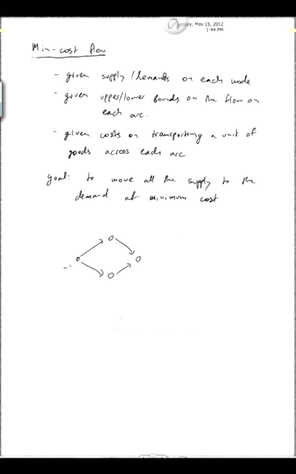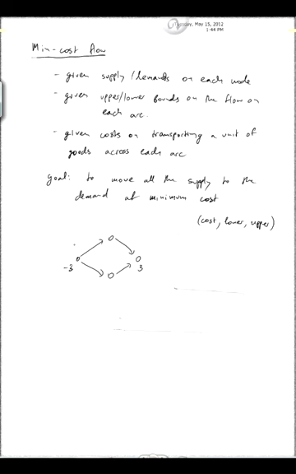So let's suppose that there's a supply of 3 on this node and a demand of 3 on that node. And for each edge, I have a lot of data. I have this cost, an upper bound, a lower bound. So let's signify this like this. So we're going to have 3 numbers. The first number is going to be the cost. The second number is going to be the lower bound. And the third number is going to be the upper bound.